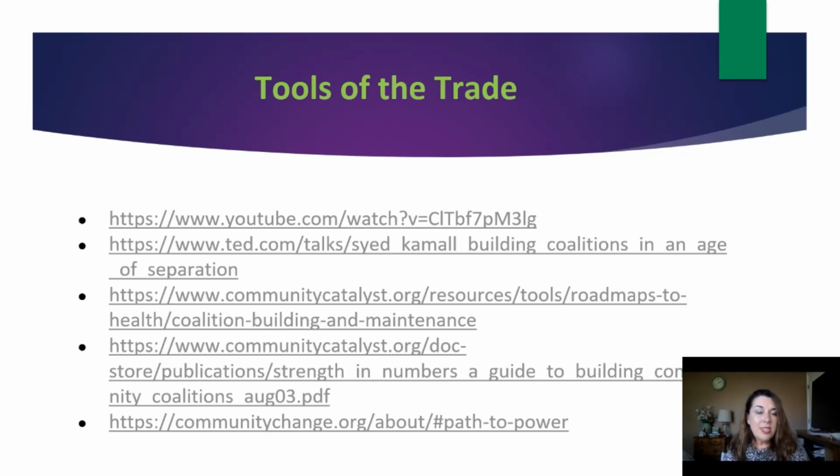The final three things here are websites that actually have toolkits on how to build effective coalitions and maintain effective coalitions. There are resources and tools that you can use in your coalition efforts, and definitely a very powerful example in the last website here of the path to power, the path for community change in underserved communities.